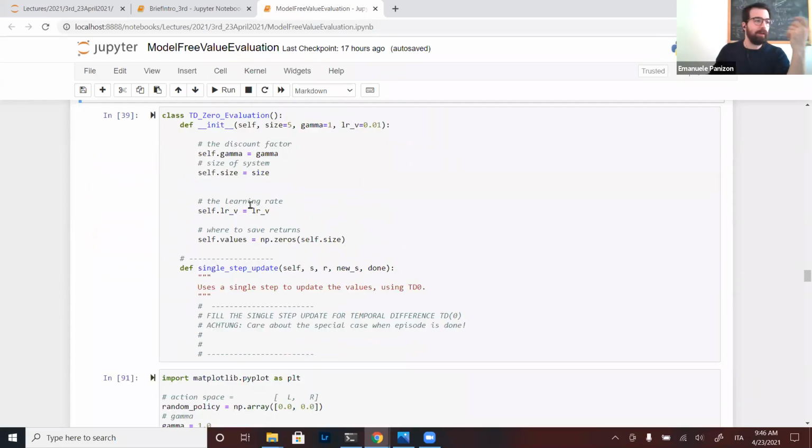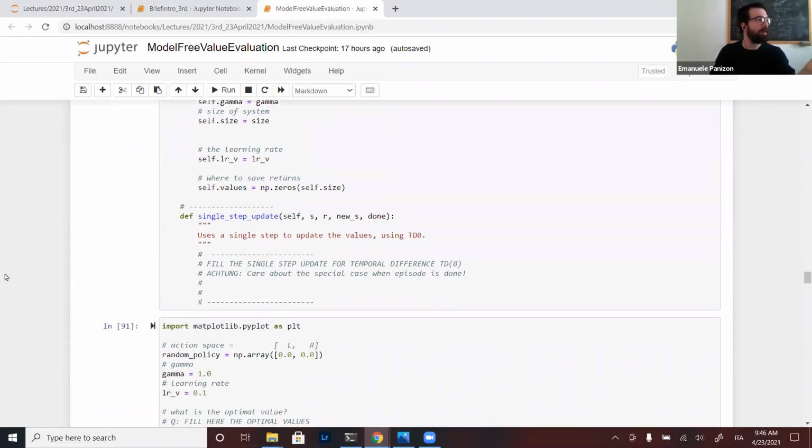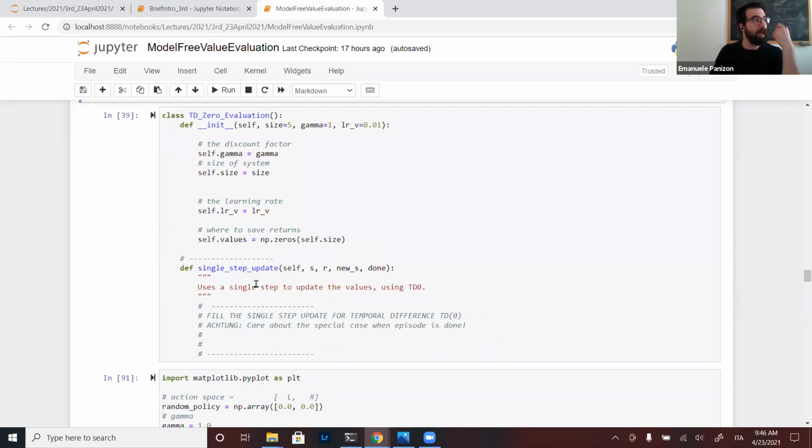Again, I'm a bit late, but you can see that I created an algorithm class, which is very simple, and we have a very simple step update. Now, it's not a single episode update. You do not require the whole trajectory. You just require very simply a state, the reward, and the new state.